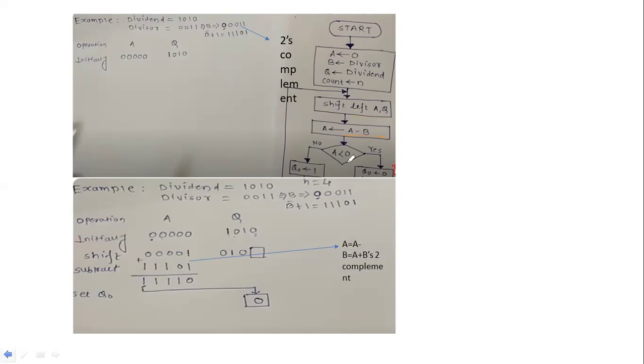If the A value is less than 0, we set the Q0 value to 0 and continue, reduce the number of counts, and repeat the operation. Go for the next step.